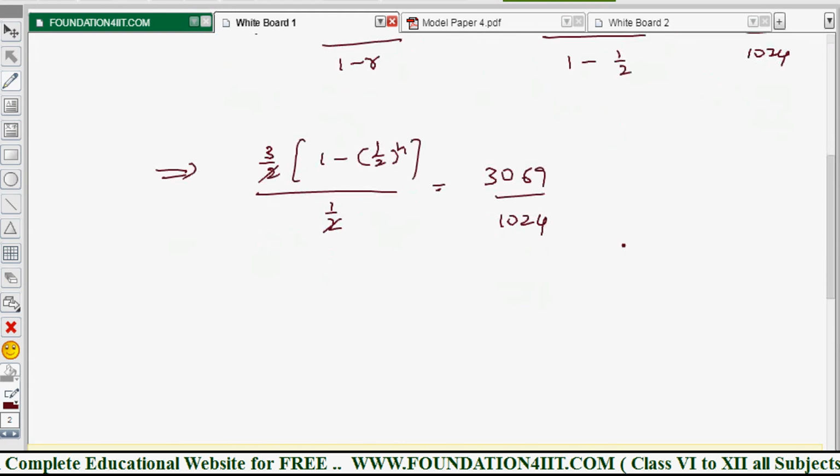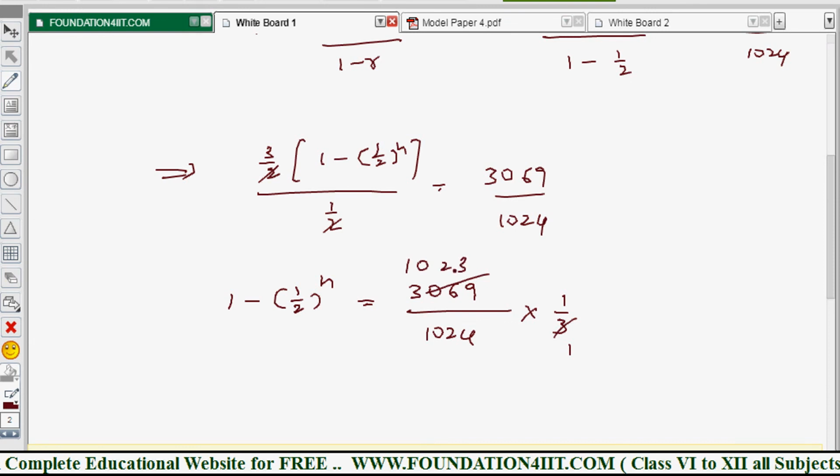Then if you simplify, cancel this 3 also, that means 1 minus (1 by 2) to the power n is equal to 3069 by 1024 into 3, taking this to the other side, 1 by 3. You can cancel 3 times 1023, 1023.